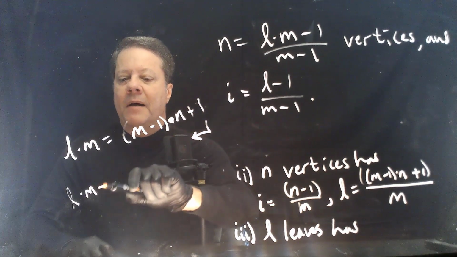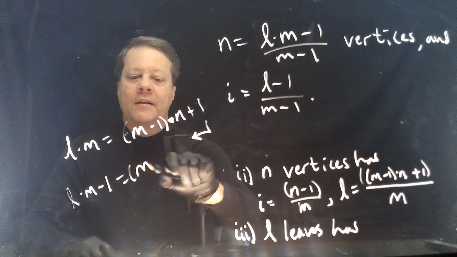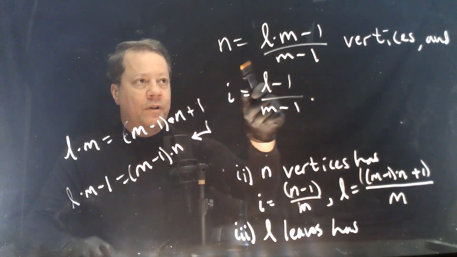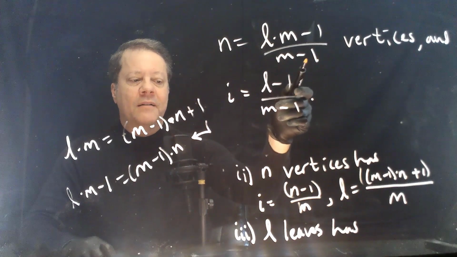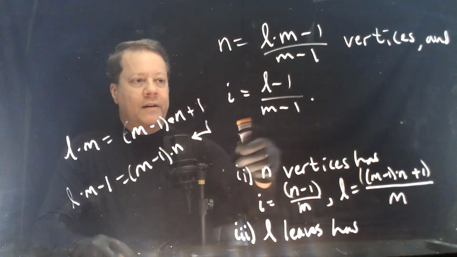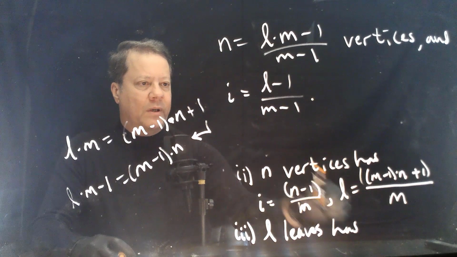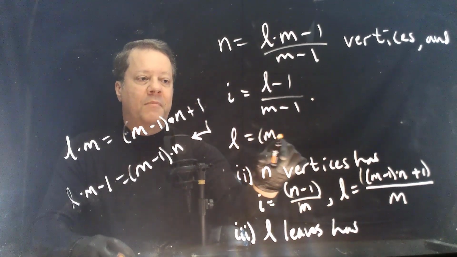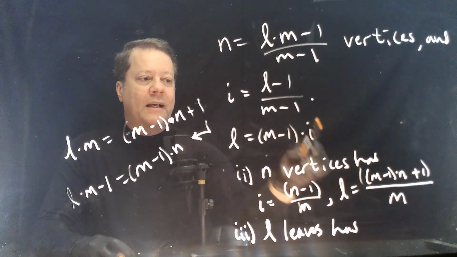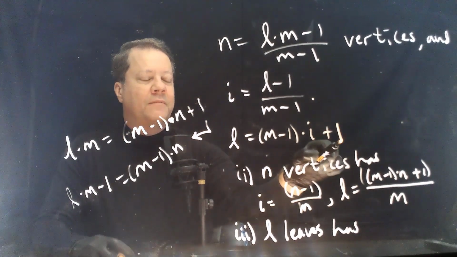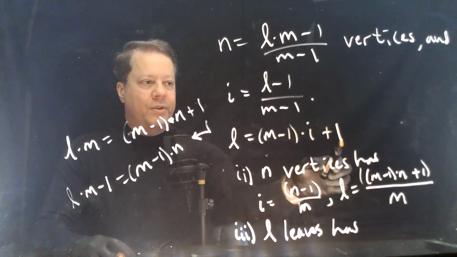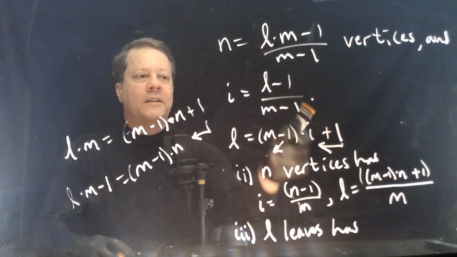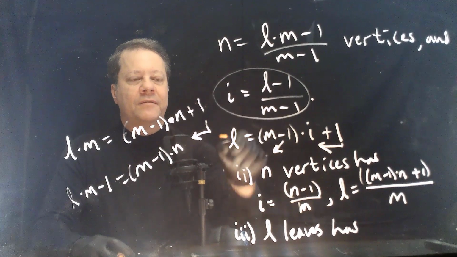L times m minus 1 is m minus 1 times n, and then you'll divide the m minus 1 over, obtaining this formula here. On the other hand, for this formula, we already have the formula where the number of leaves is m minus 1 times I plus 1. All you have to do is subtract the 1 over and then divide the m minus 1 off to obtain this formula here.